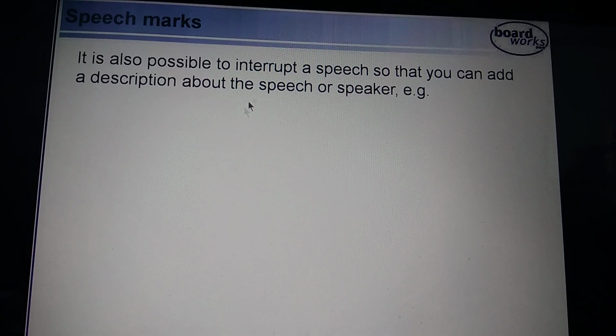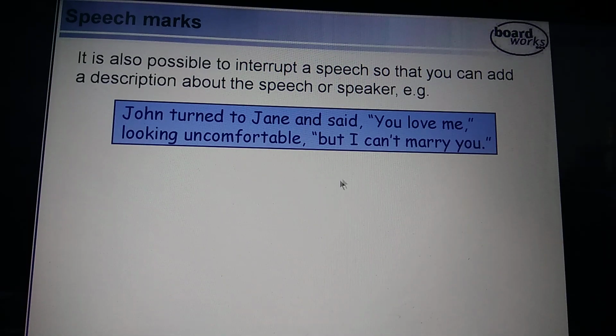It is also possible to interrupt a speech so that you can add a description about the speaker. Like this. John turned to Jane and said, you love me, looking uncomfortable, but I can't marry you. The first one is a comma, then a capital letter, then a comma here.